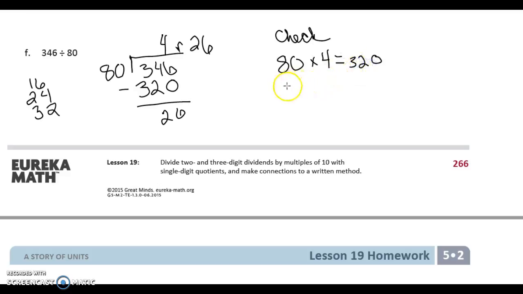Now we take that much of it, we say 320. We add our remainder, which was 26. 6 plus 0 is 6. 2 plus 2 is 4. And then the 3, there's no hundreds to add to it. So we get 346. We had 346.